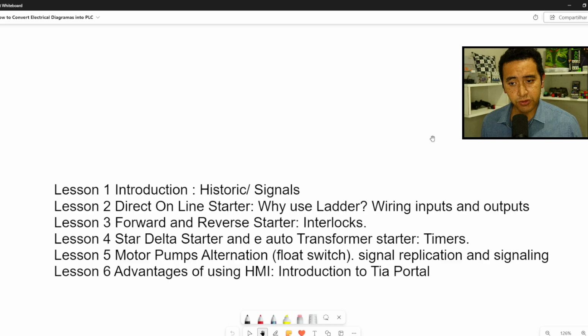In lesson 2 we will talk about the DOL starter, and why we use ladder. This is the question we are going to answer in this lesson. We also talk about wiring inputs and outputs. We don't talk about how a DOL works, because if you already have basic knowledge about industrial electricity, I think you already know this.